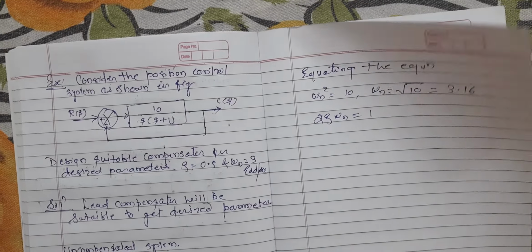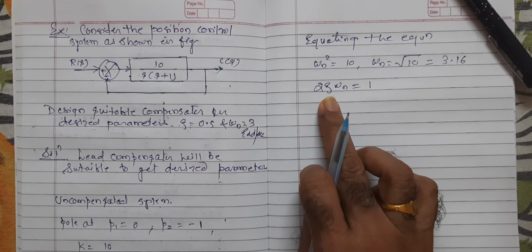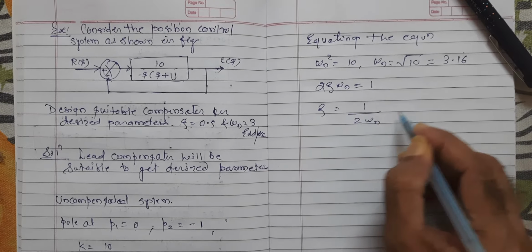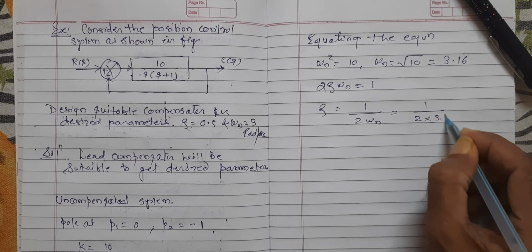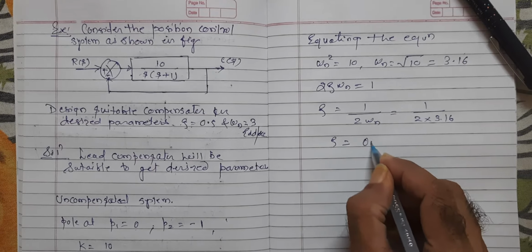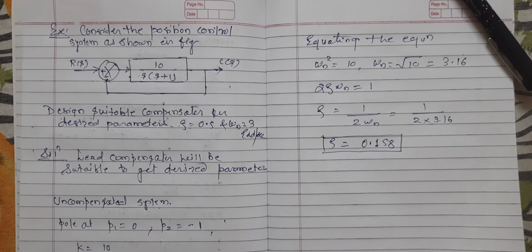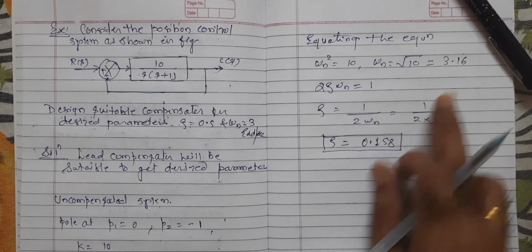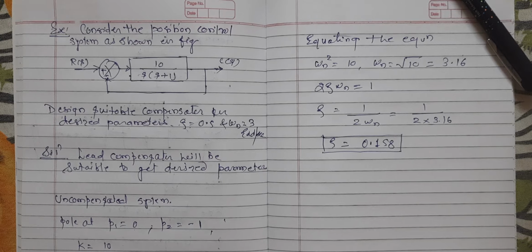Now we have calculated omega n, we can calculate neta. It is equal to 1 divided by 2 omega n, that is 1 divided by 2 multiplied by 3.16. So neta becomes 0.158. So this is our neta value, and this is our omega n value.